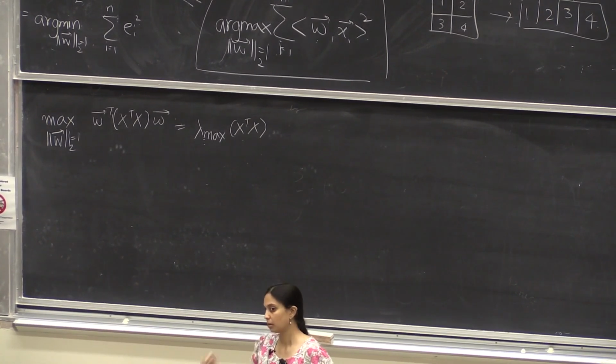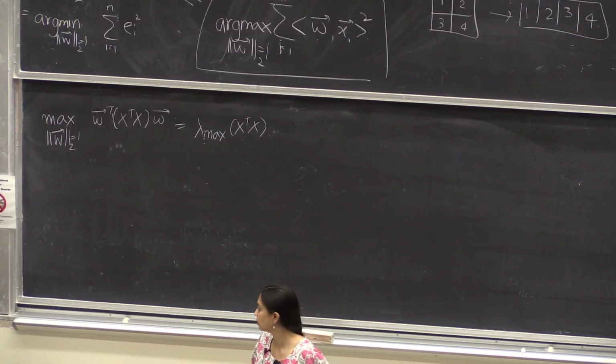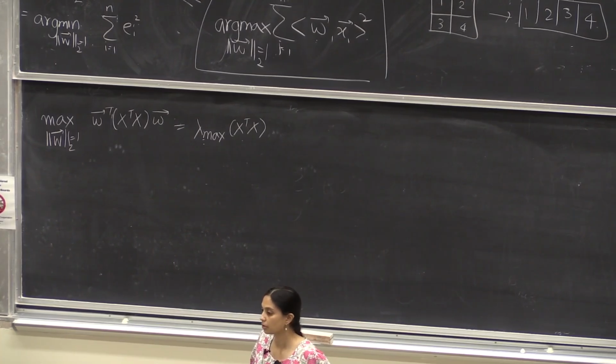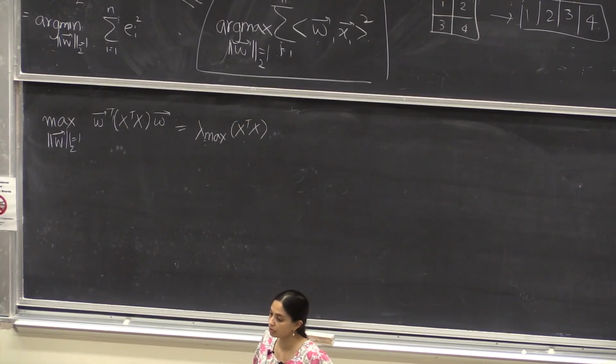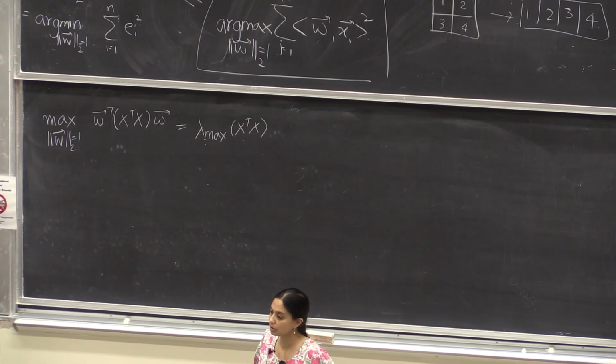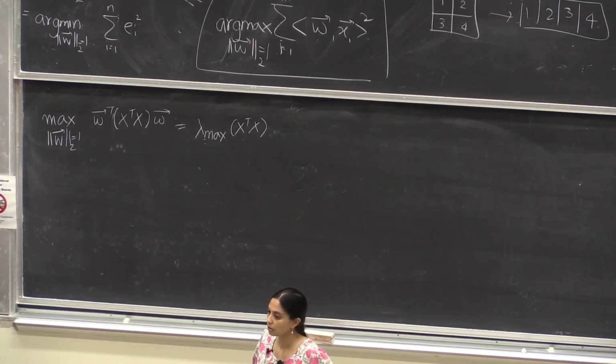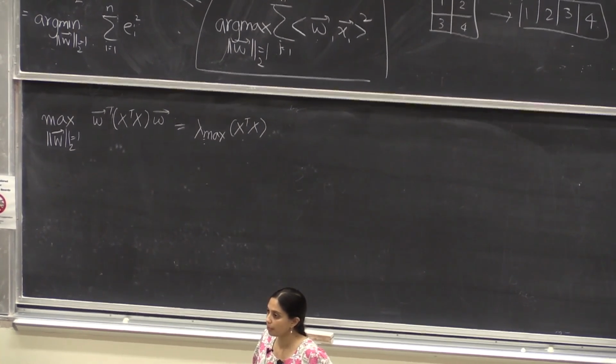Isn't maximizing the squared norm of Xw the same as maximizing the variance? Isn't this the same formulation he was asking about with maximizing the projected variance, once you get to that expression?